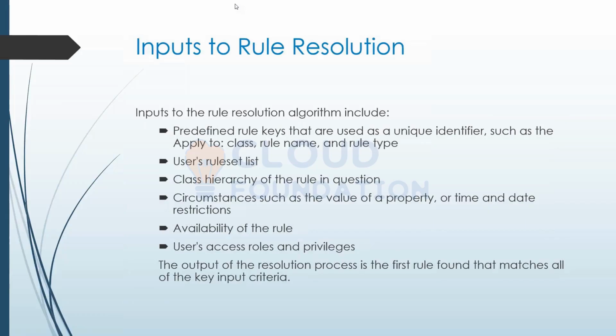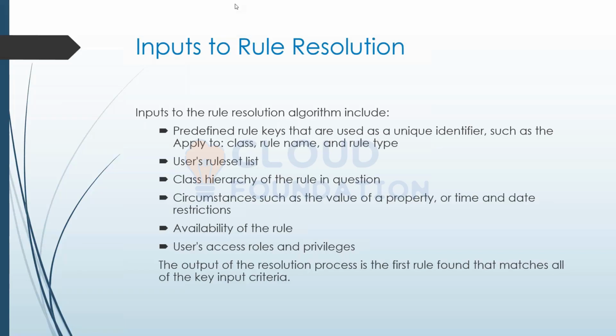And what are those inputs? We have a lot of inputs that go into finding the rule here. The first one is going to be the unique identifier of the rule, which is obviously the name of your rule.